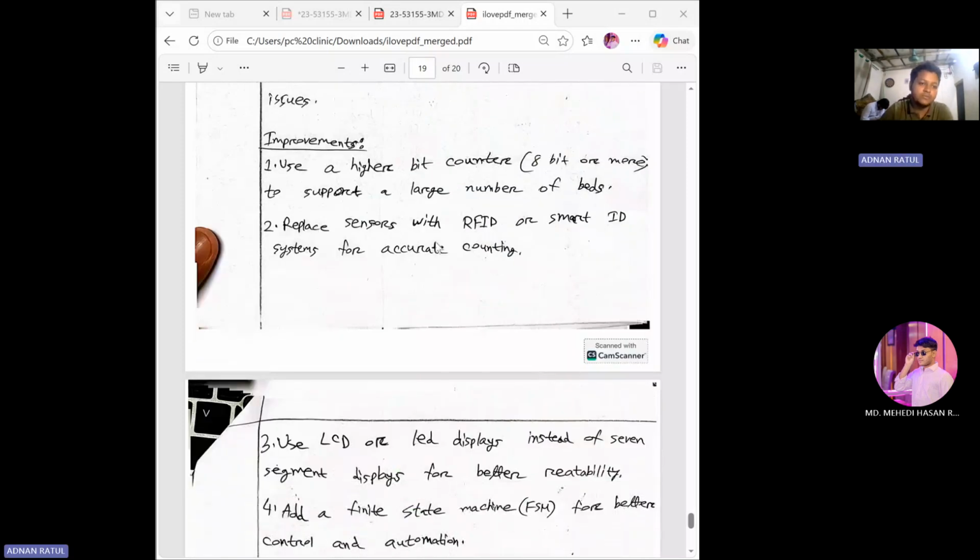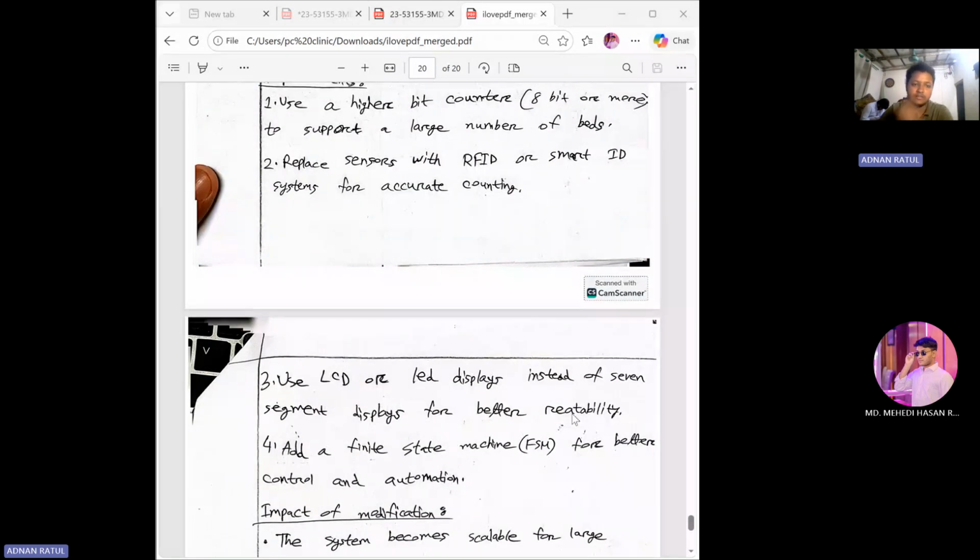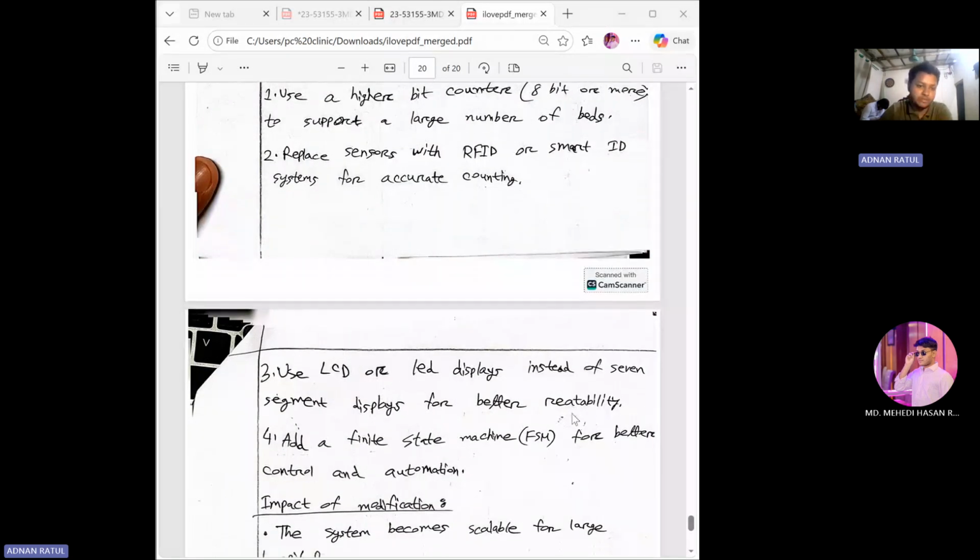Improvements: we will use a higher bit counter, 8 bit or more. It will support a large number of bits. Replace the sensor with smart ID systems for accurate counting.